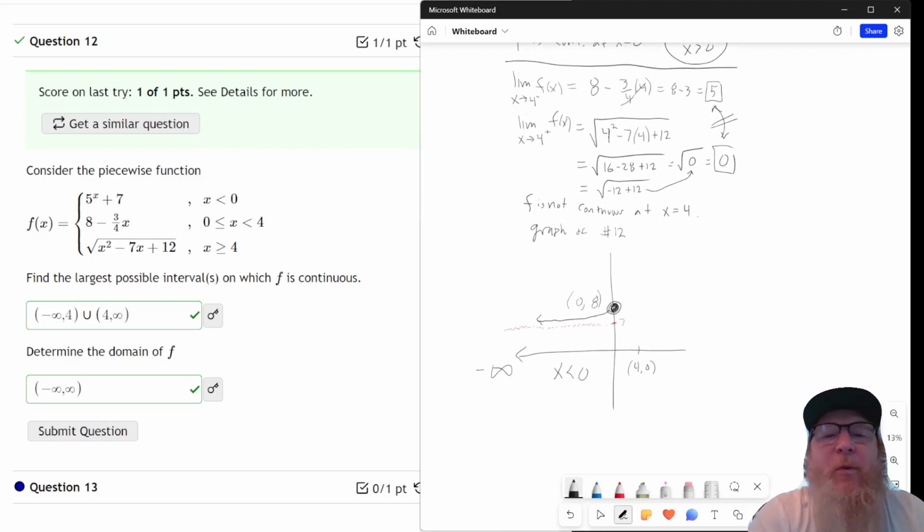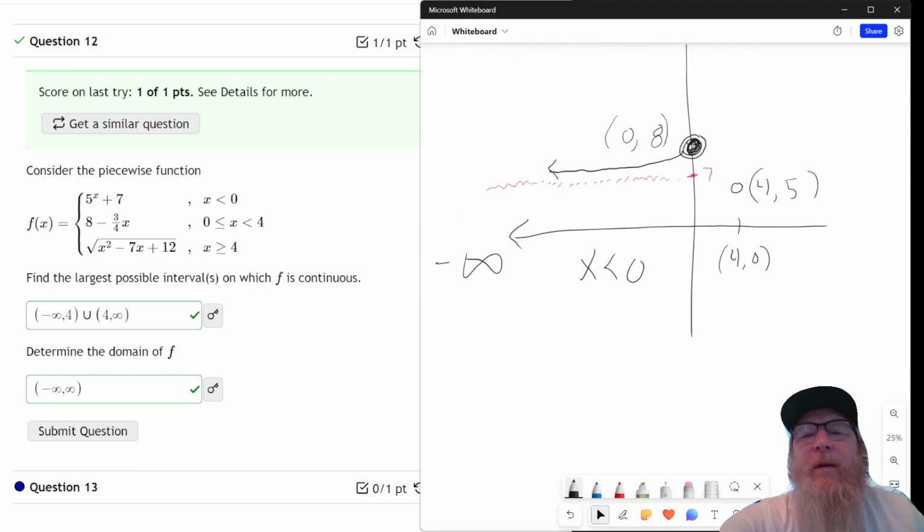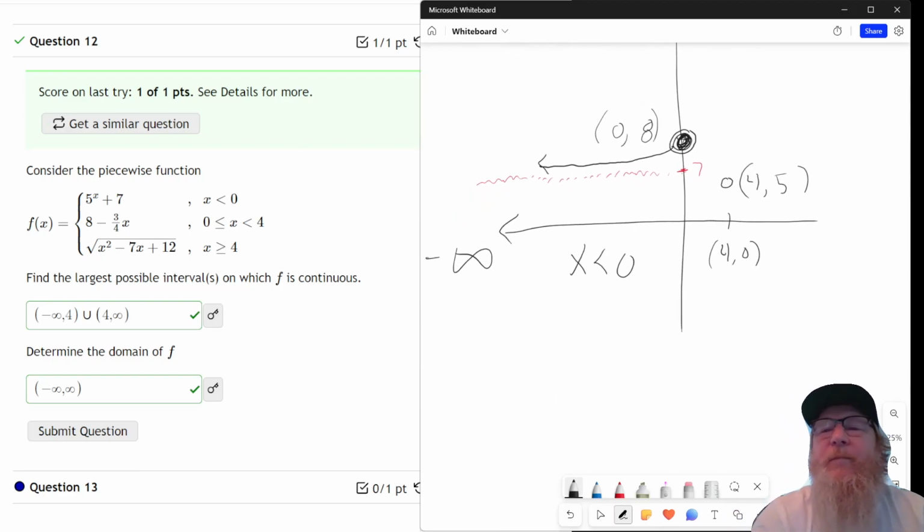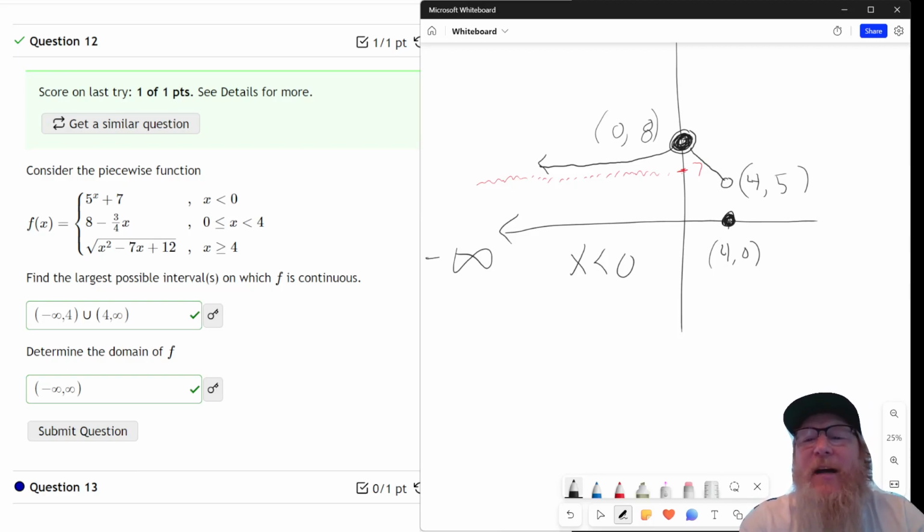And then you have this point here, 4, 5. Should blow that up a little bit. And you have a straight line going from a solid dot to an open hole. Now, these limits do not exist, or this limit does not exist.